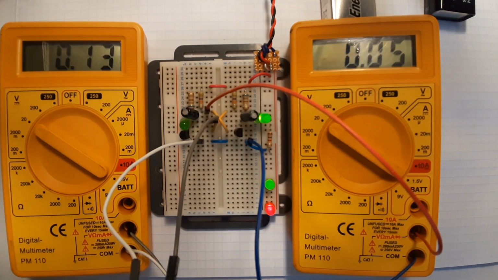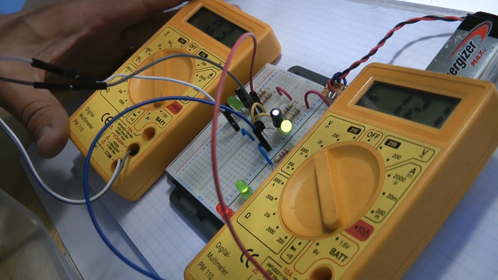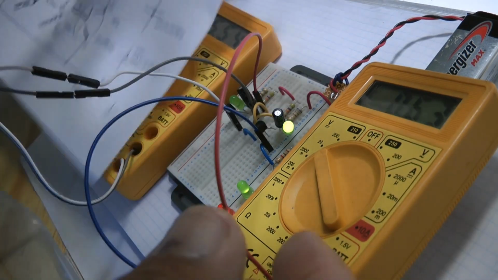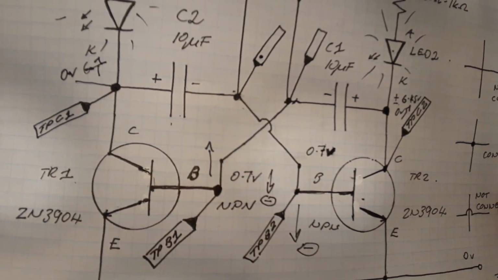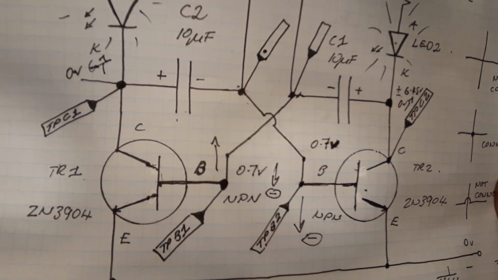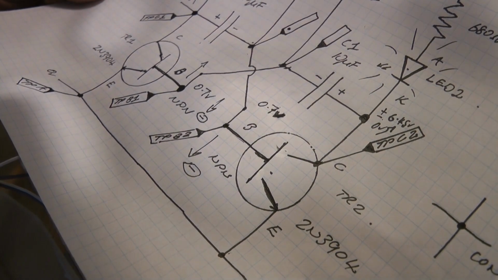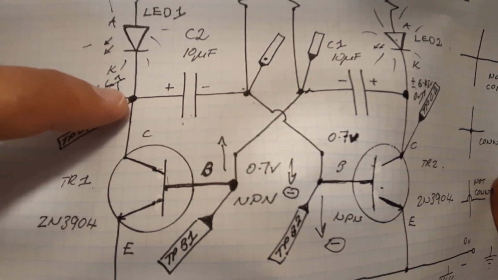So what we are observing now is, here comes our diagram, if I can get it in there. We've connected our multimeter to test point collector 1 over here.